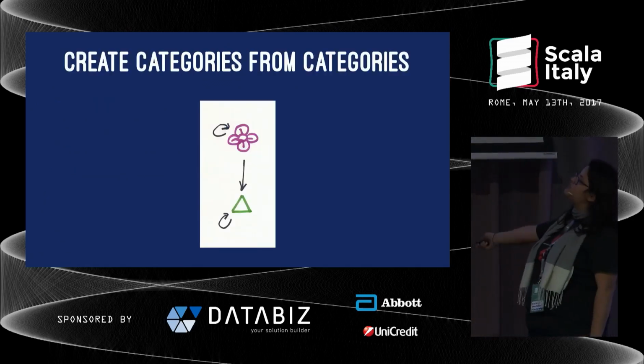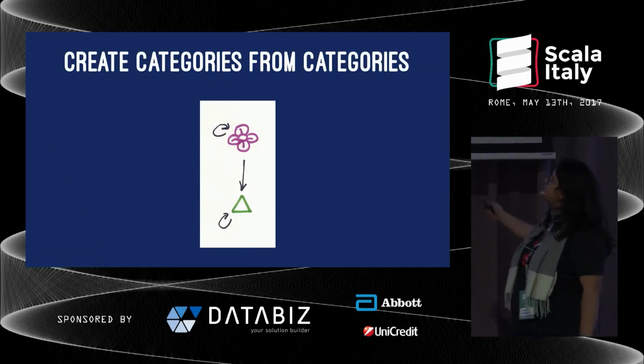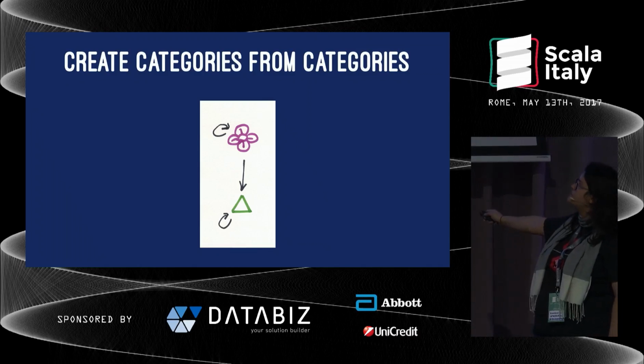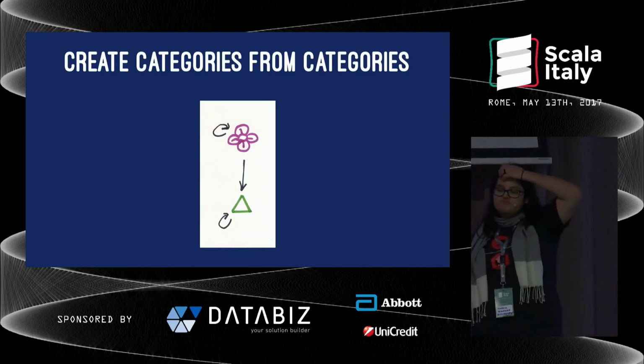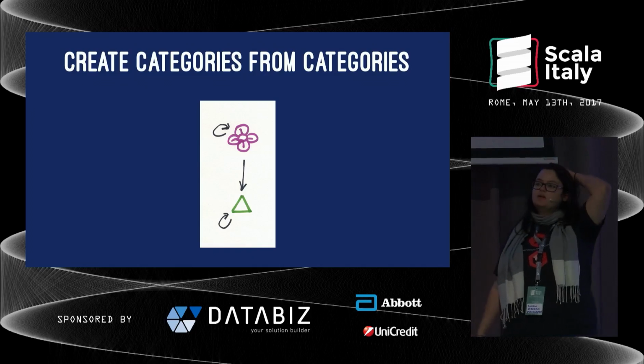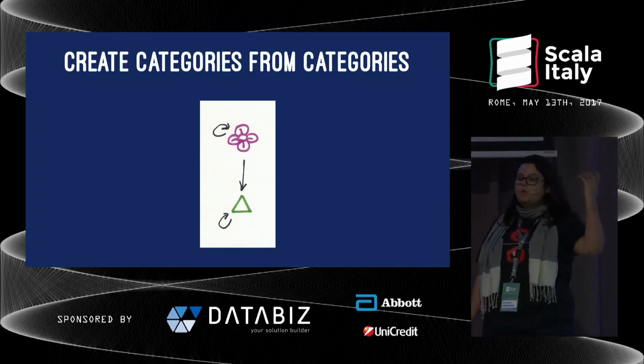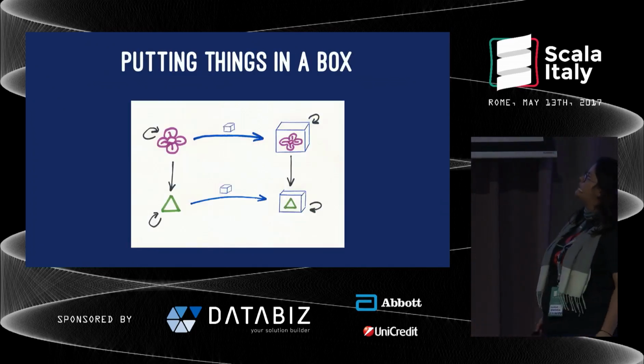So we have this beautiful category that is, given a flower, I have a function to transform that flower into a triangle. Can we somehow create a category from another category? Well, yes, we can.